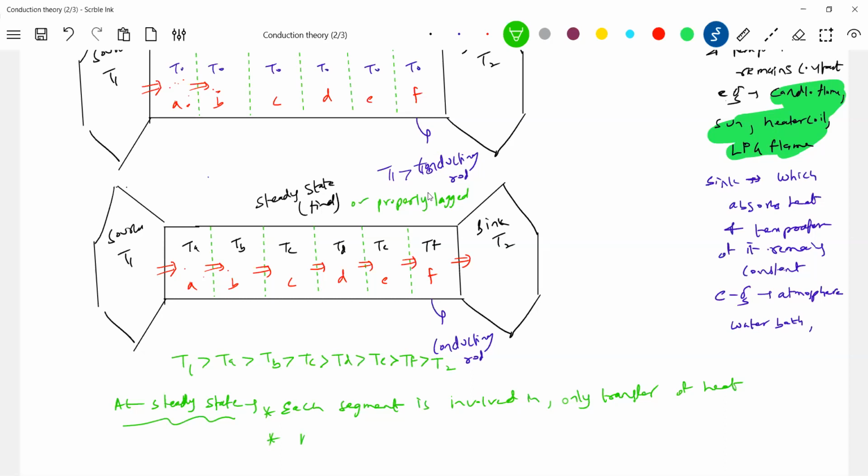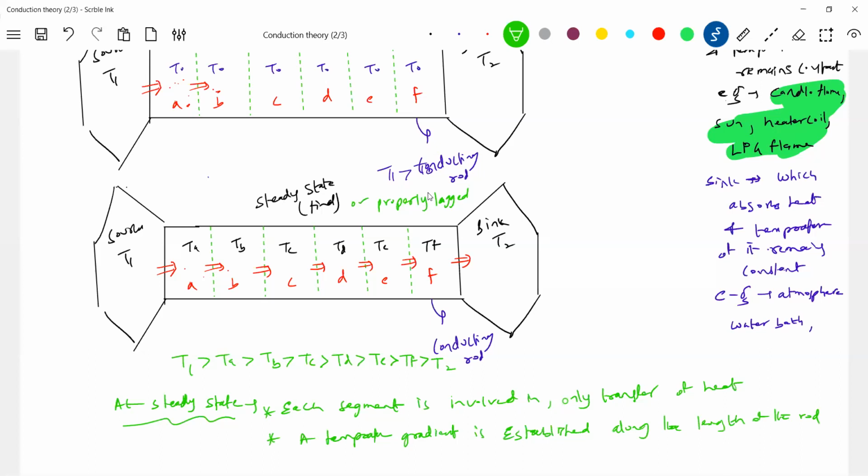Next again, a temperature gradient is established along the length of the rod. Temperature gradient, you can see T1 greater than T2.